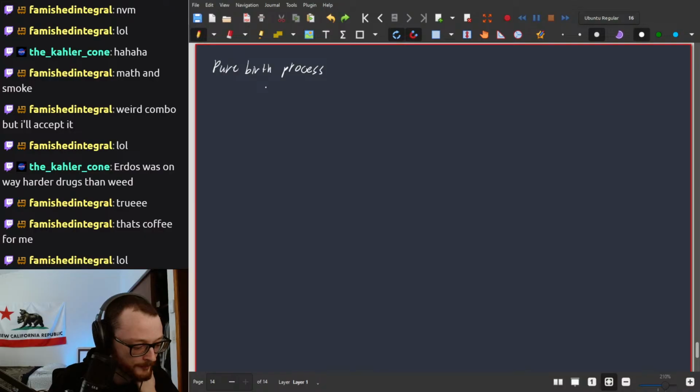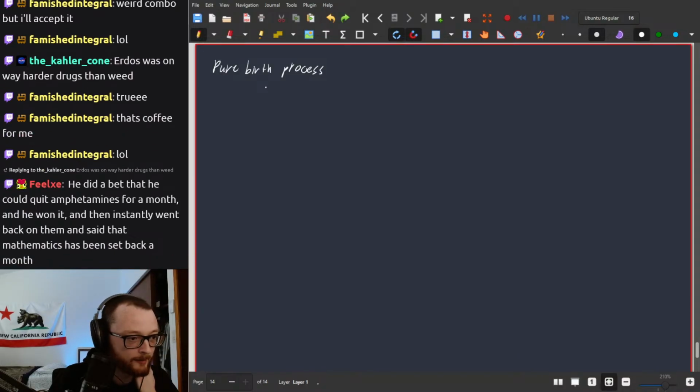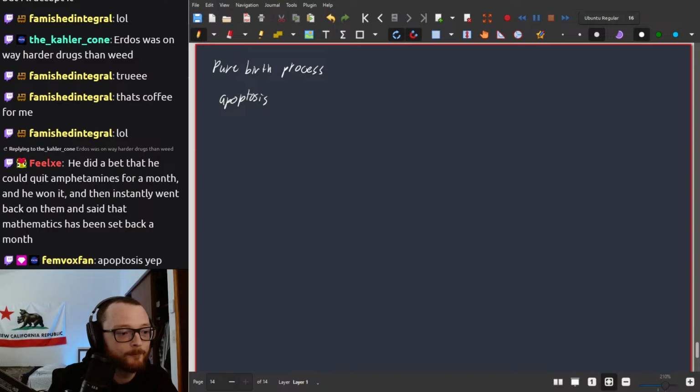They lack the mechanism that cells normally have to self-destruct, called apoptosis. That's a generalization, it might not be strictly true. I'm not a biologist, but they're generally super long-lived. You've been learning cell biology, Alex, you probably know better than me.